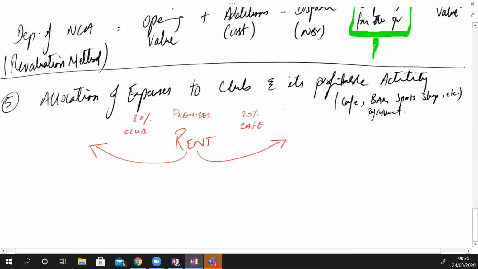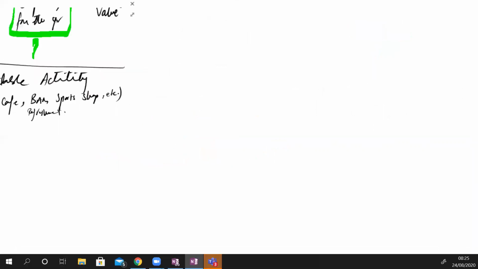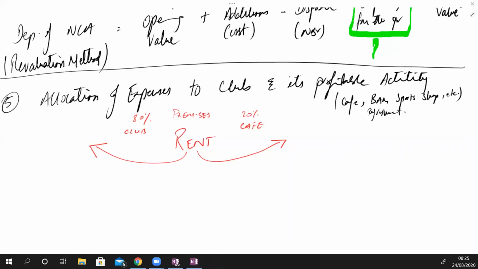What you have to do is basically you have to allocate the rent 80% to the club and 20% to the profitable activity.